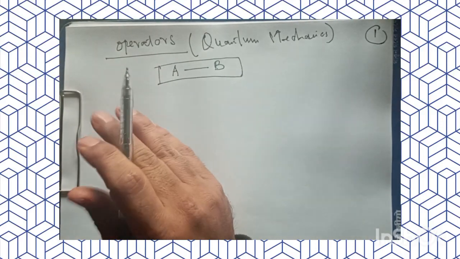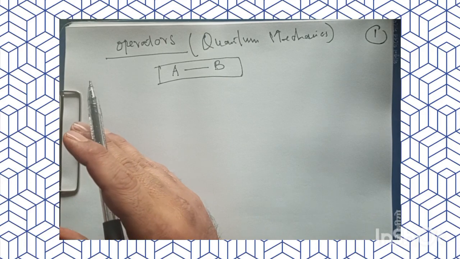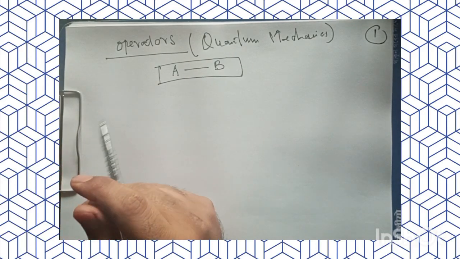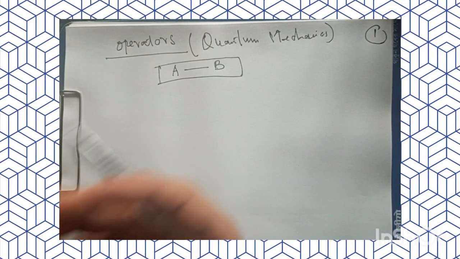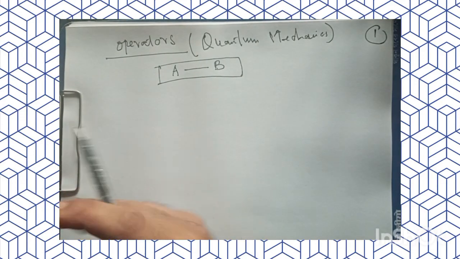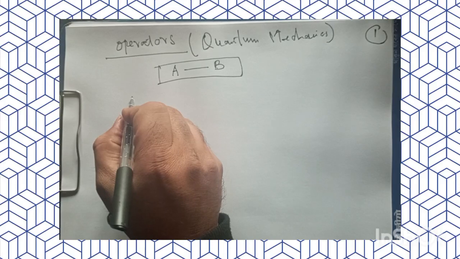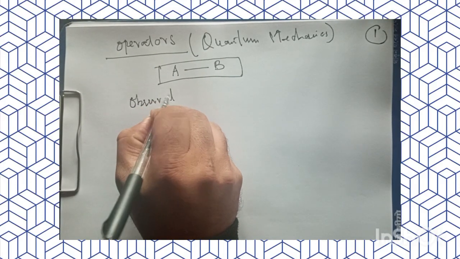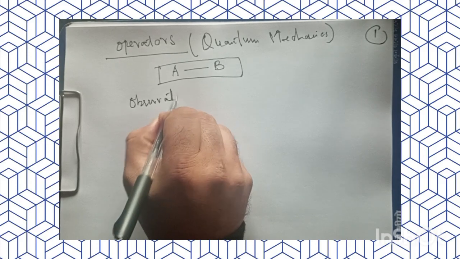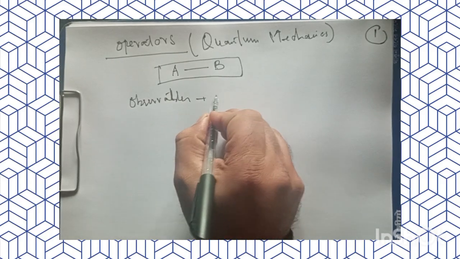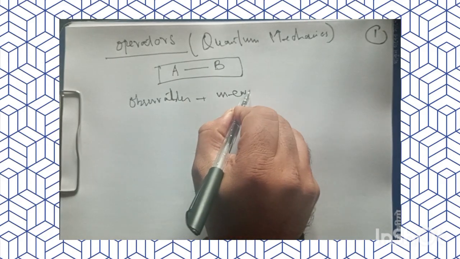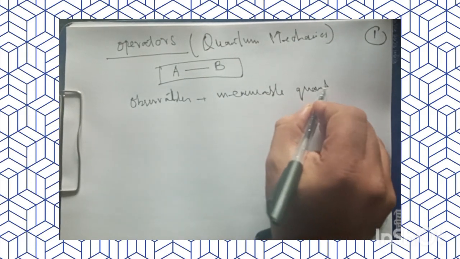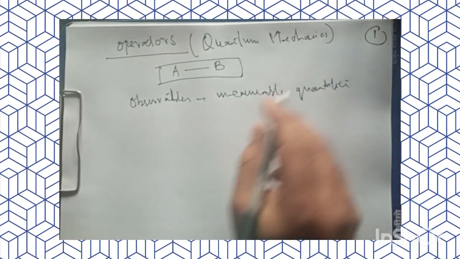So in quantum mechanics, we have what we call observables. What are observables? These are basically the measurable quantities, the quantities that can be measured.